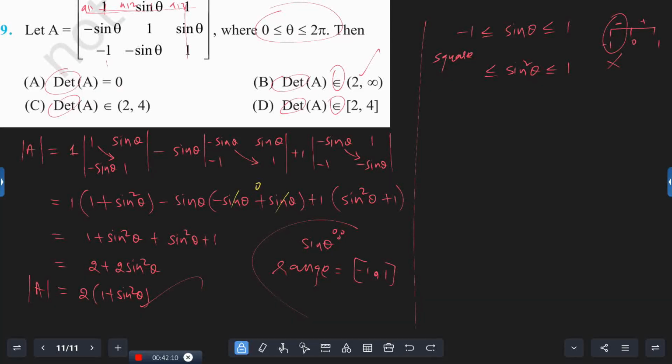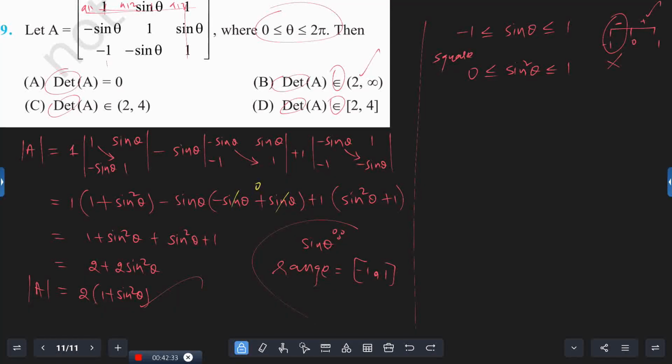From 0 to 1. So what do you want to give here? 0 to 1, when you square. You must be very careful here. After squaring, if you give minus 1 squared as plus 1, it is wrong, because when you square, all negative numbers are gone and the numbers start from 0 to 1.